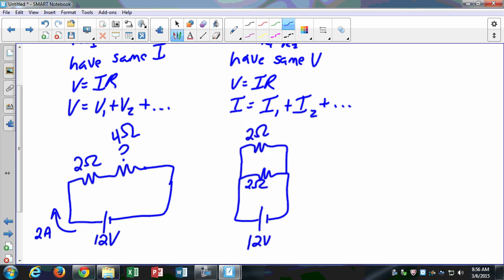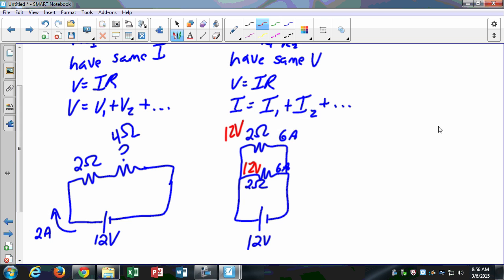First of all, the equivalent resistance of this would be a 2 and a 2 is a what? Is a 1. 1 over a half plus a half, that's 1. I can also find the current. I would have 6 amps here and 6 amps here, because I also have 12 volts here and 12 volts here. So 12 divided by 2 is equal to 6. I is equal to V over R. So those are resistors in parallel.